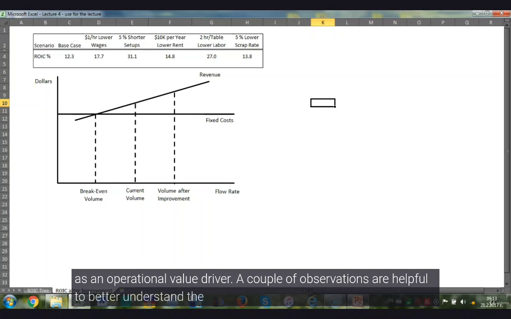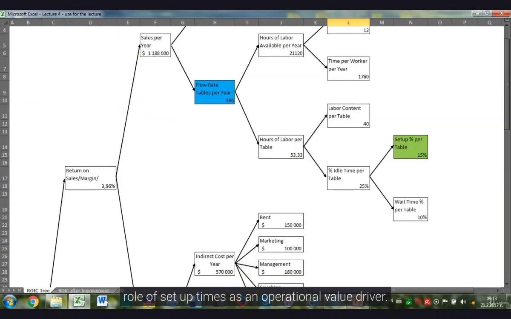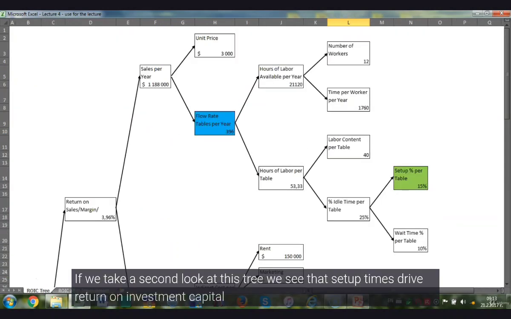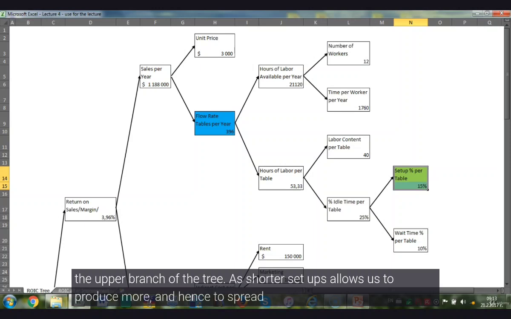A couple of observations are helpful to better understand the role of setup times as an operational value driver. If we take a second look at this tree, we see that setup times drive return on investment capital in multiple ways. Setup time is a driver of margins, the upper branch of the tree.